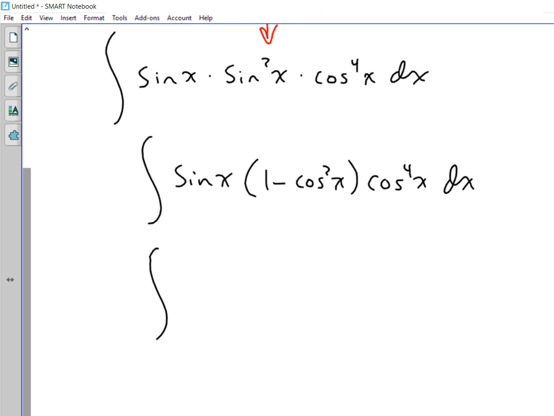Because once I distribute it everywhere, I've got sine of x times the cosine to the fourth of x minus sine of x times the cosine to the sixth of x. And that's good, because now I can take my integral, which is not nearly as bad, and break it up into 2 separate integrals and do them just like we did the examples before.